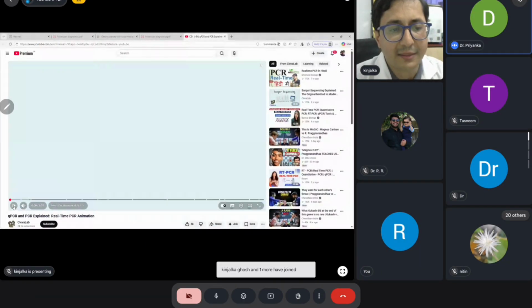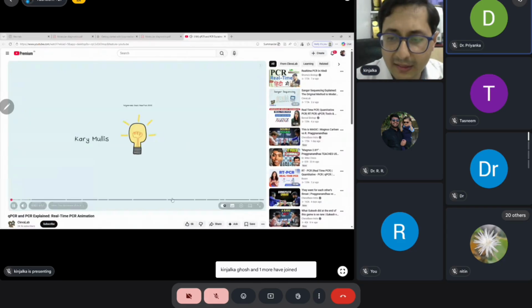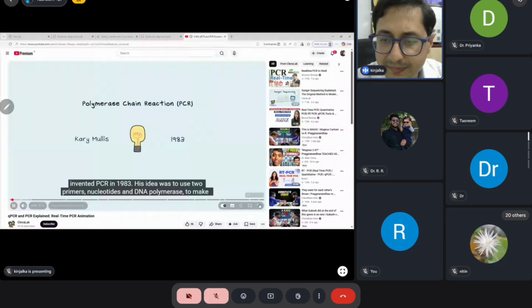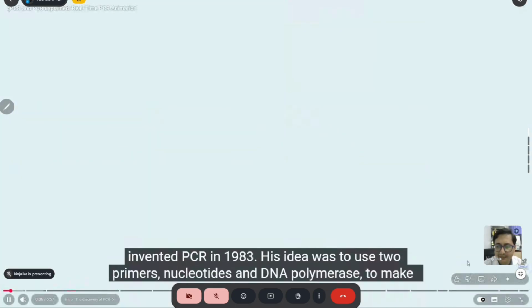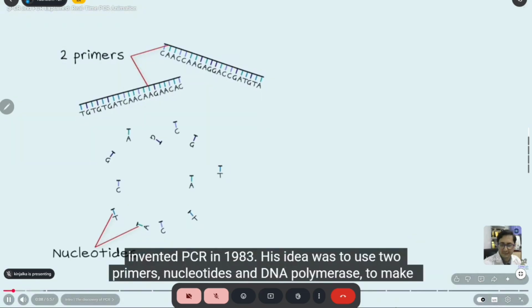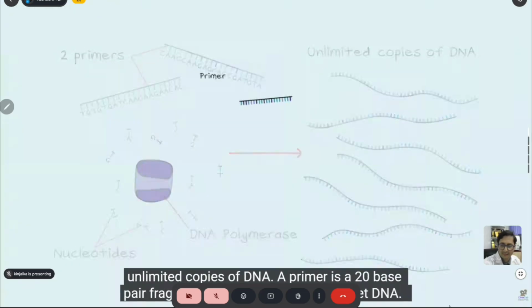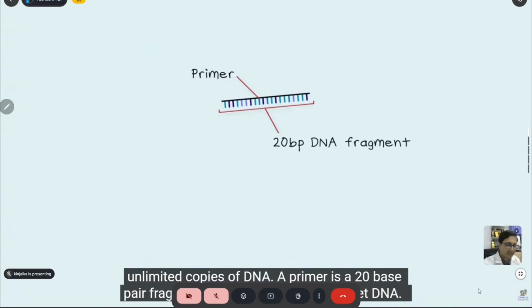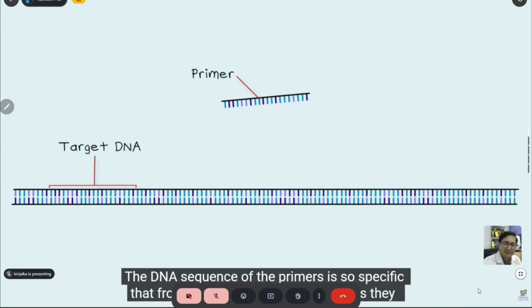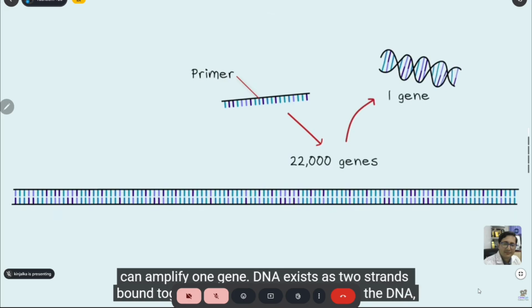American scientist Kary Mullis invented PCR in 1983. His idea was to use two primers, nucleotides, and DNA polymerase to make unlimited copies of DNA. A primer is a 20 base pair fragment of DNA that pairs with the target DNA. The DNA sequence of the primers is so specific that from a background of 22,000 genes, they can amplify one gene.